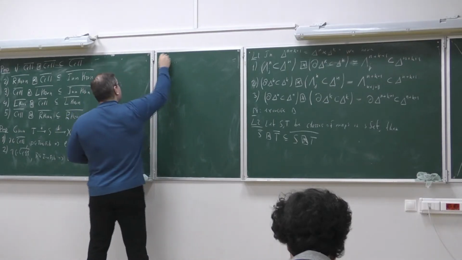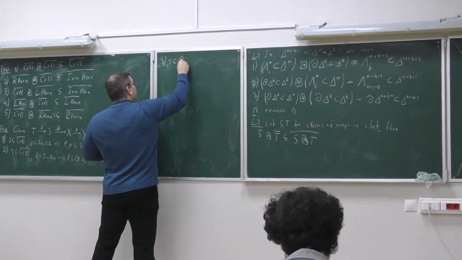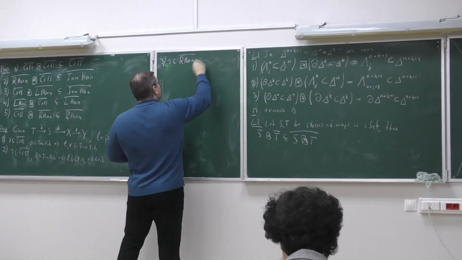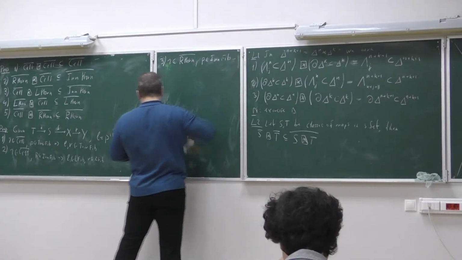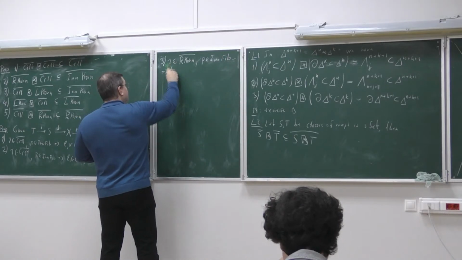So statement 3: I is right anodyne and P is a fibration. Then this implies that L is a trivial fibration.